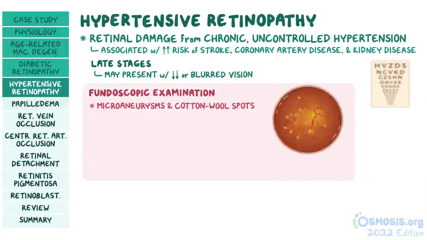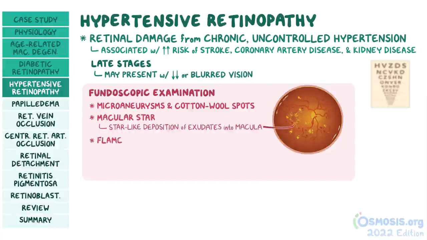But what's even more characteristic is the macular star, which results from the star-like deposition of exudates into the macula, along with flame-shaped retinal hemorrhages and arteriovenous nicking.